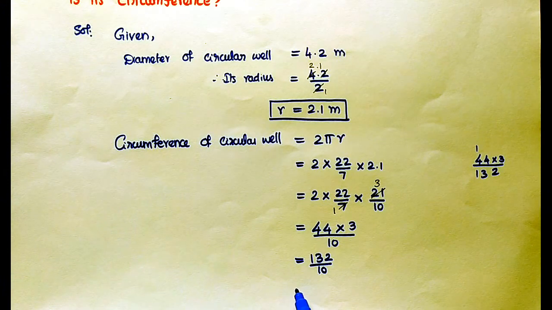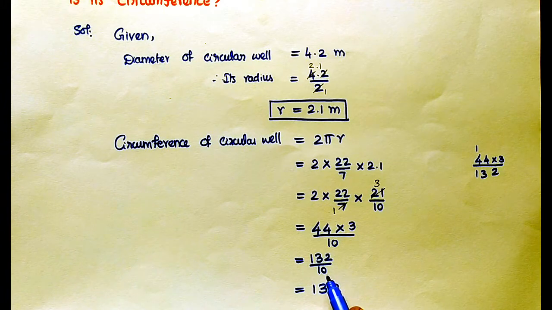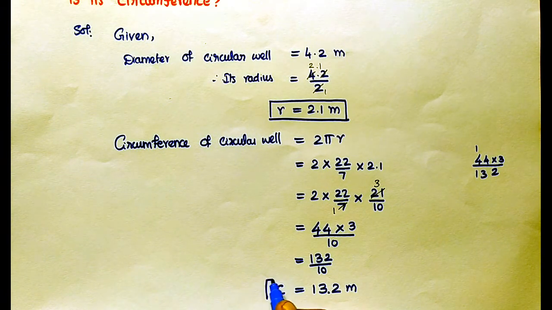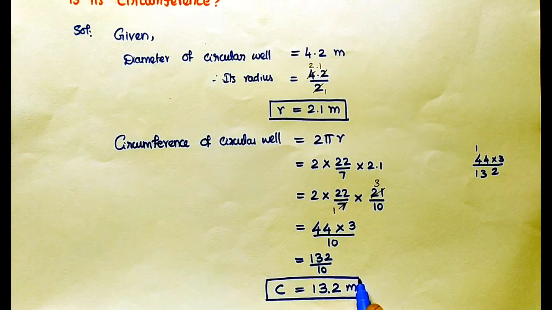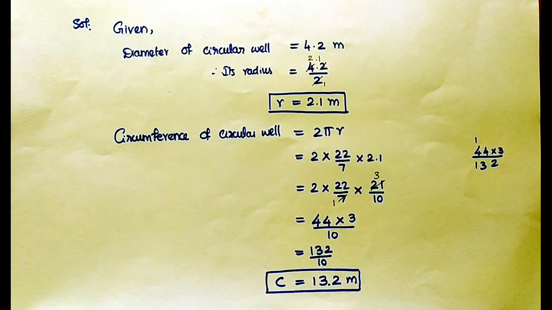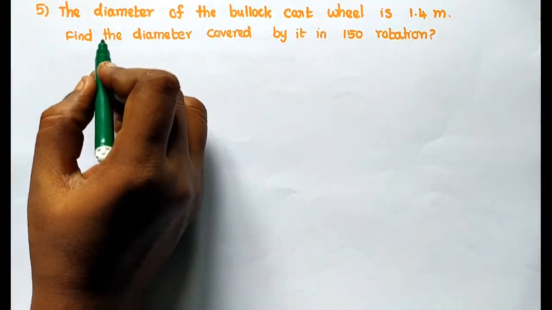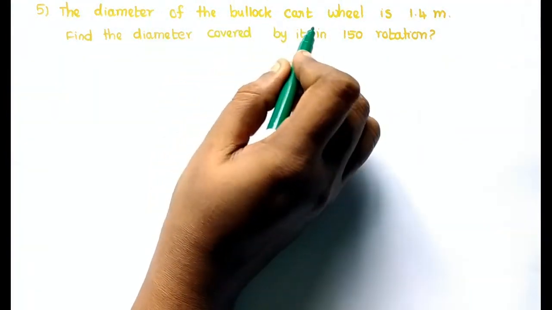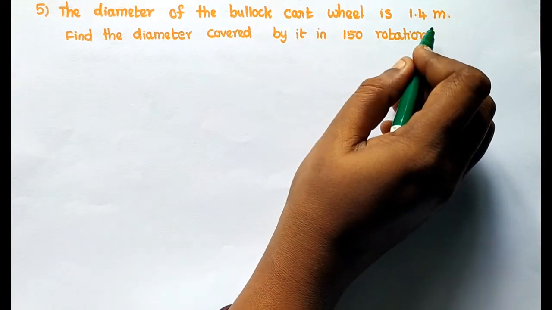Now what is the answer? Here the denominator is 10, only one zero, so before one digit we have to keep the point. So 13.2, what's the unit? Meter. So that is the circumference. That is the answer.